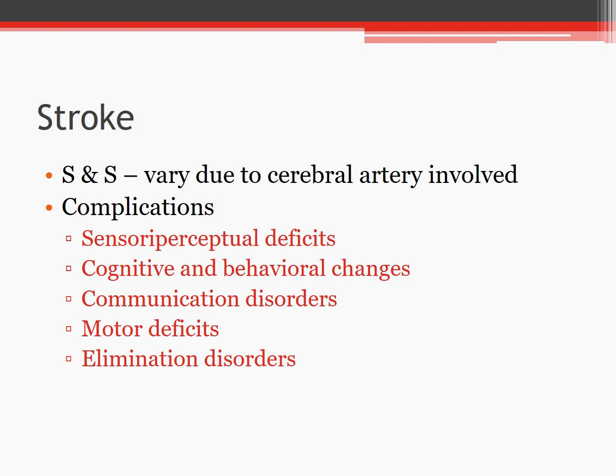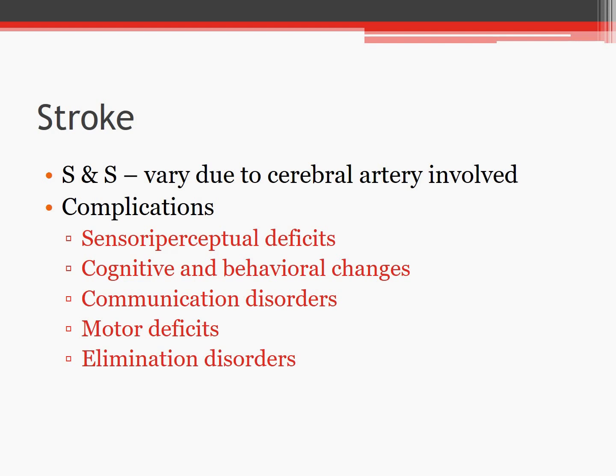Apraxia is an inability to carry out something that they normally would be able to do prior to the stroke, such as pay a bill, brush their teeth, brush their hair, or they might also suffer from agnosia, which is the inability to recognize an object by sight or touch or hearing. And so, for instance, they wouldn't be able to recognize a comb or a brush. And so these are some of the different sensorial perceptual deficits that may occur.